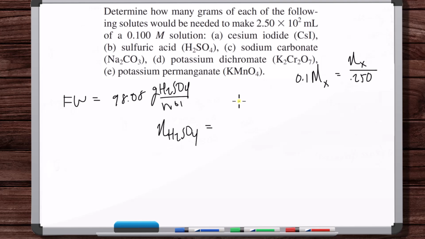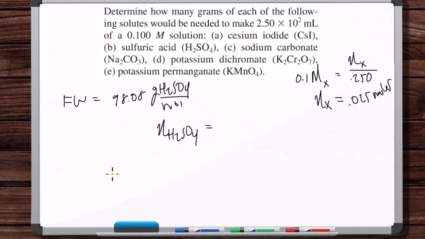For every one of these solutions, since the concentration is fixed and the volume of solution is fixed, the number of moles of each of these solutes is fixed: 0.025 moles, whatever the solute is. So to answer each one of these, all we need to do is multiply 0.025 by the formula weight.